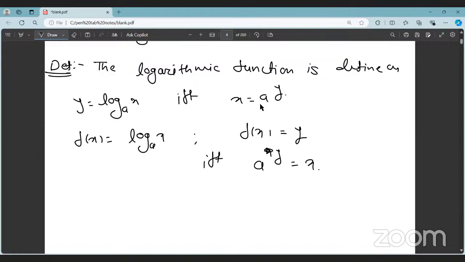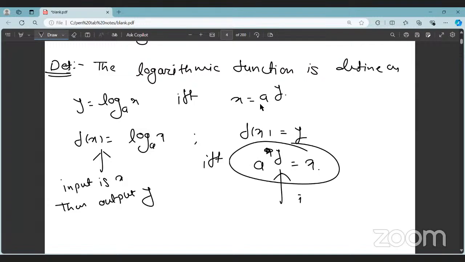If my input in this logarithmic function is x, the output will be y. And in the exponential function, the input is y and the output is x. So the roles of input and output are reversed. That's how we define the logarithmic function.